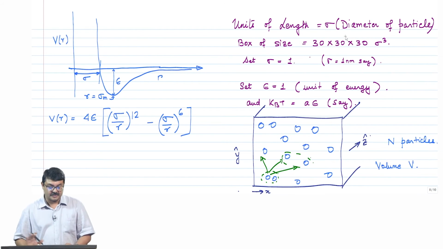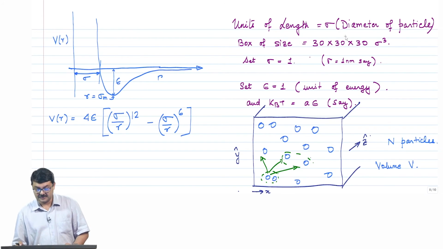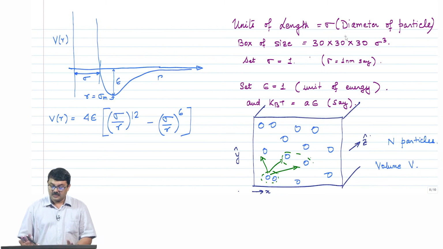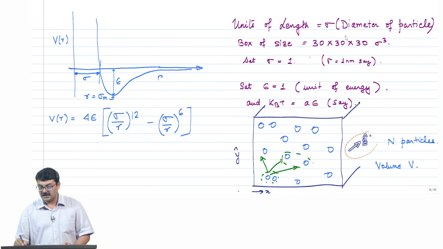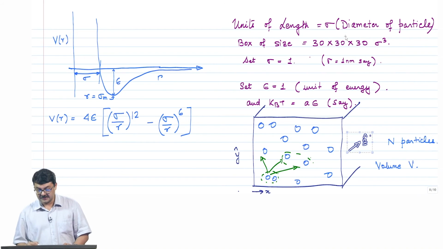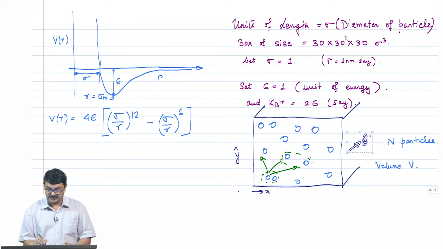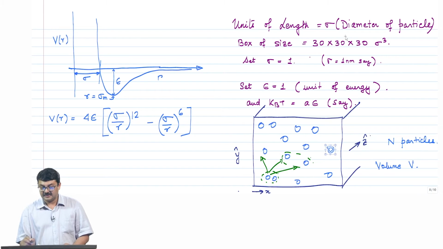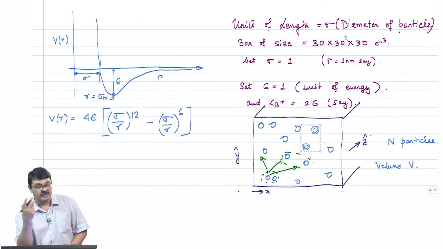So, that is the starting discussion for the potential. And so, what you essentially have is a simulation box like this. I have not plotted the box fully in the third direction, the z direction. Suppose this is y, this is x, and these blue things are basically particles interacting by Lennard-Jones interactions.